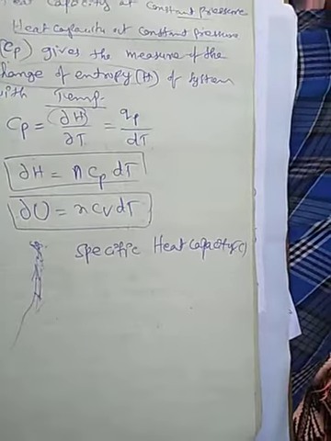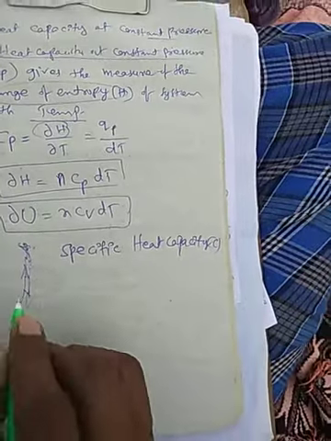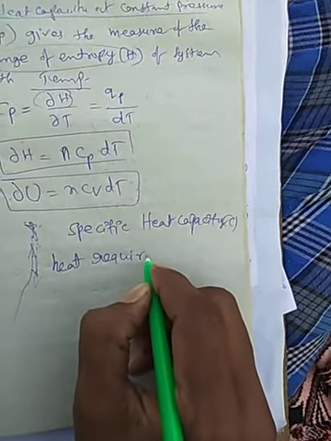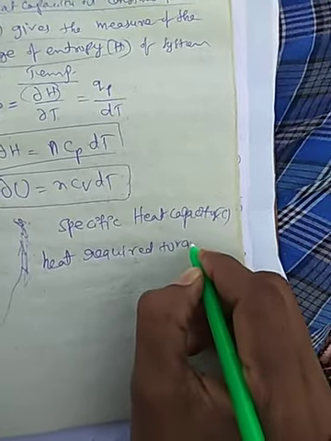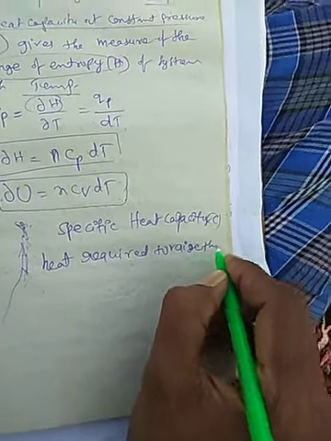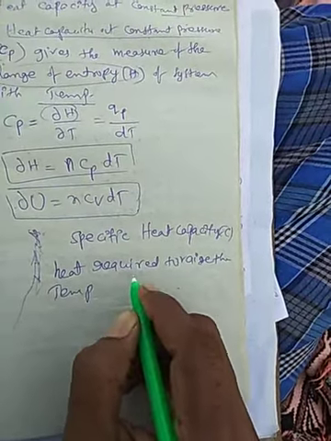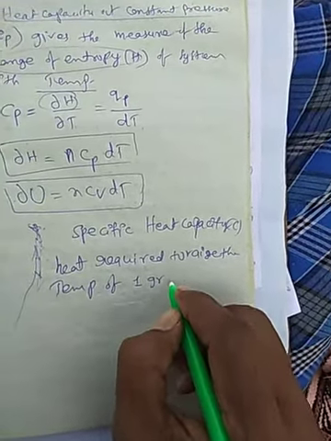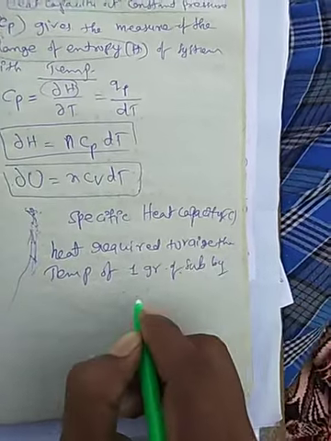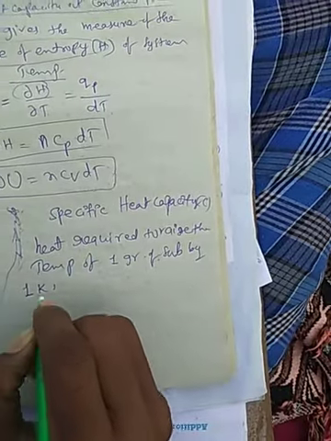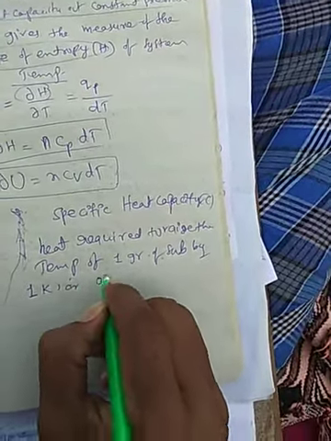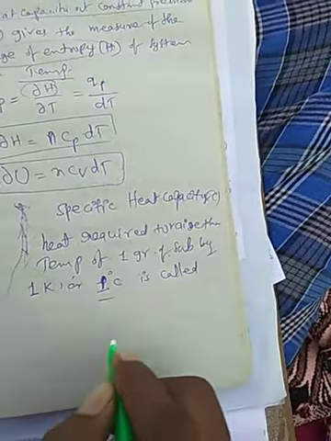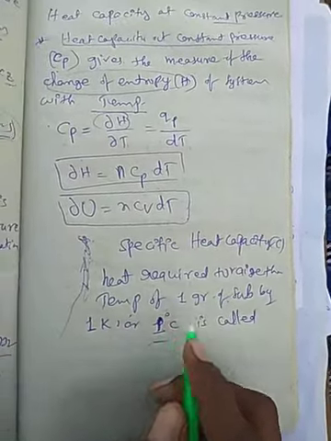It is also represented with capital C. The statement we can write is: the heat required to raise the temperature of 1 gram of substance by 1 Kelvin or 1 degree Celsius is called the specific heat capacity.